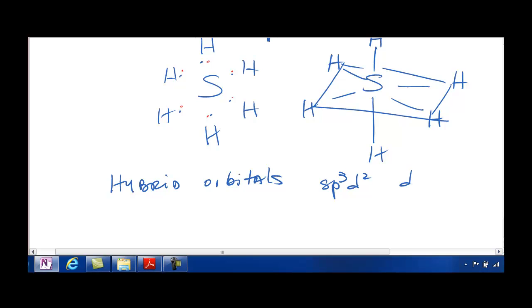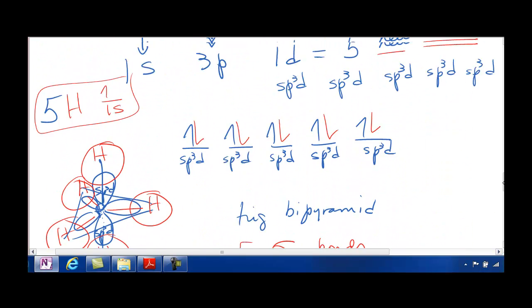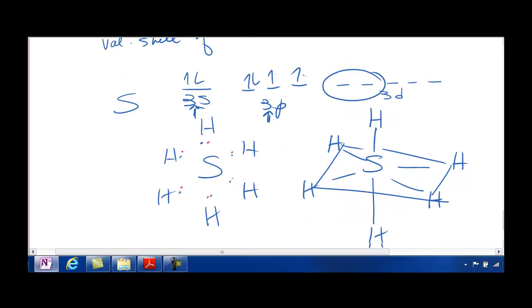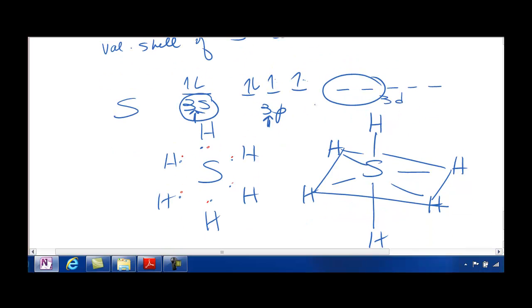sp3d2, also called d2sp3. By the same token, sp3d is also called dsp3. Okay, 1d, 1s, and 3 p's gives me 5. Now I have 1s, 3 p's, and 2 d's. That gives me 6.